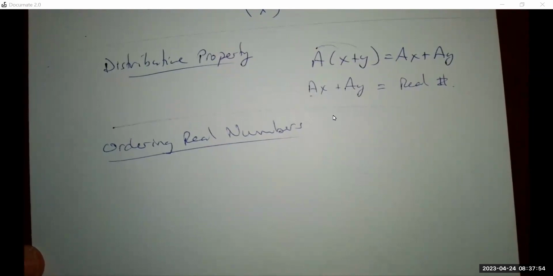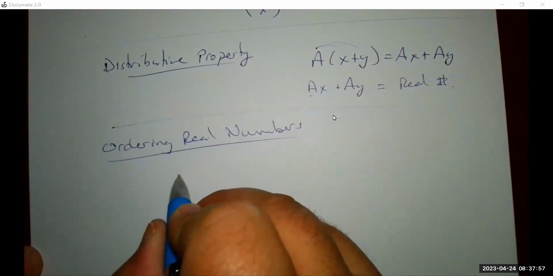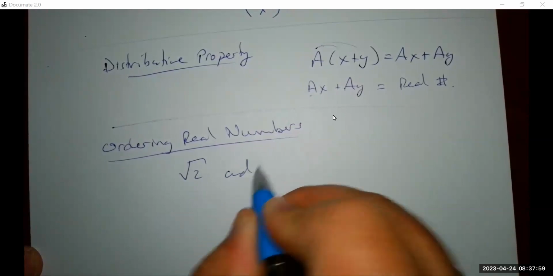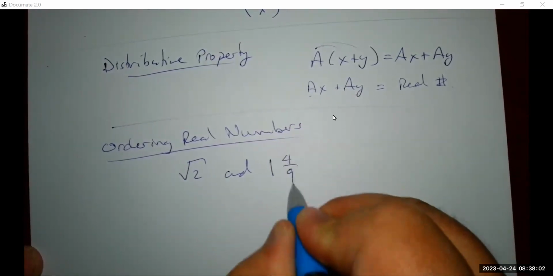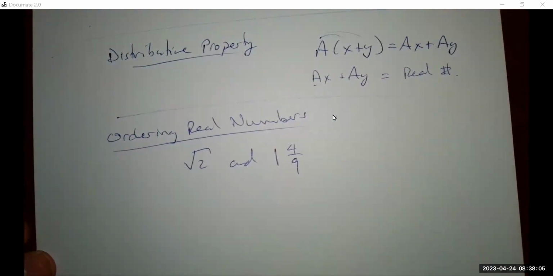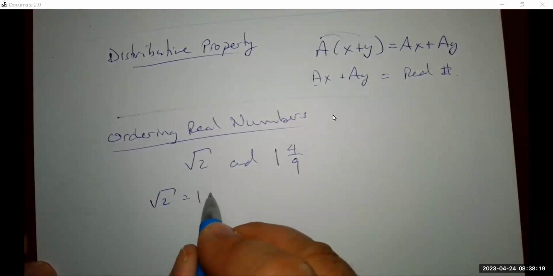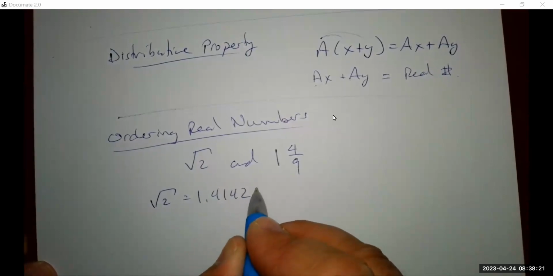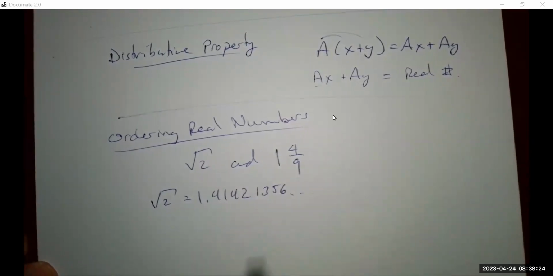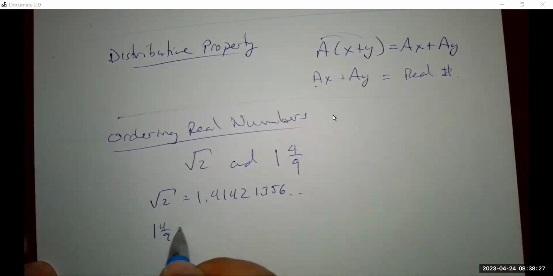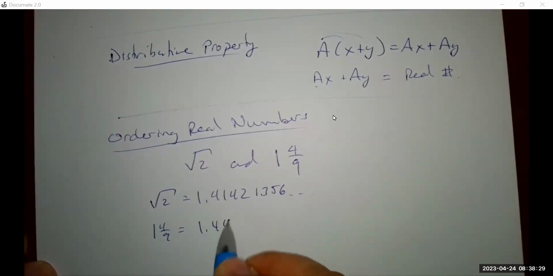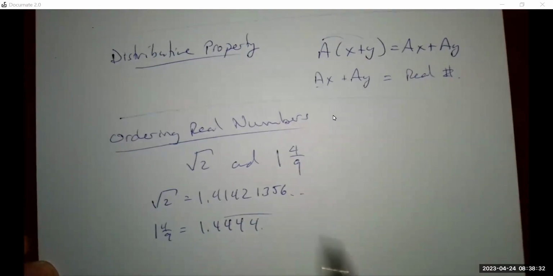When ordering real numbers, putting them in an order, for example, if I give you square root of 2 and 1 4/9, they're both real numbers. Put them in order. So which one's bigger? Let's look at the decimal of them. 1.4142, 1356, and so on and so forth. 1 4/9 equals 1.4444, it's forever.